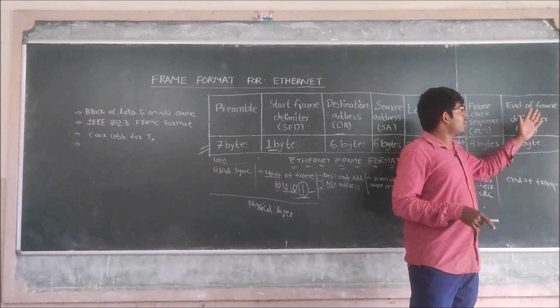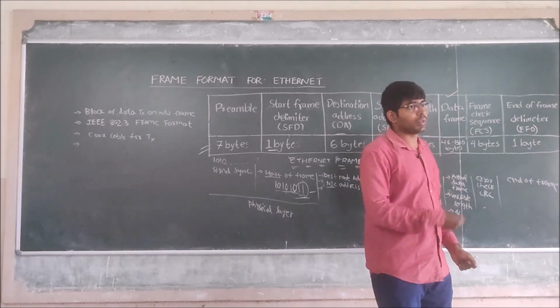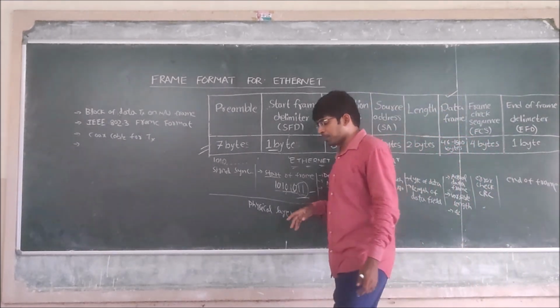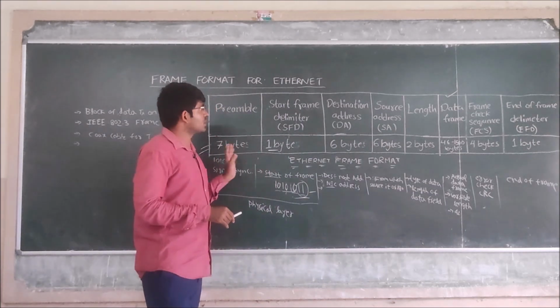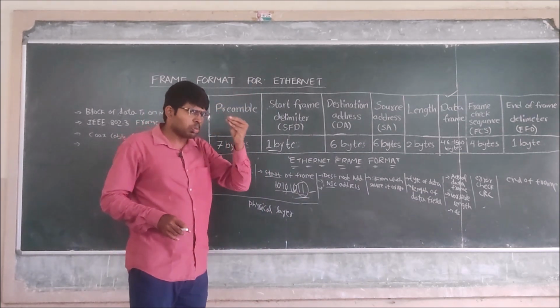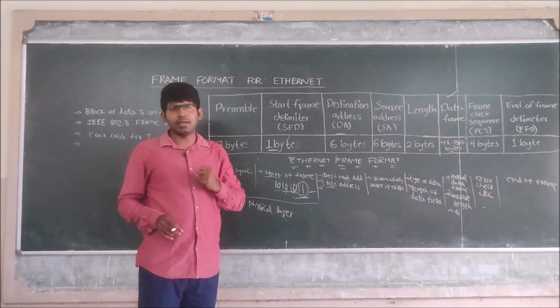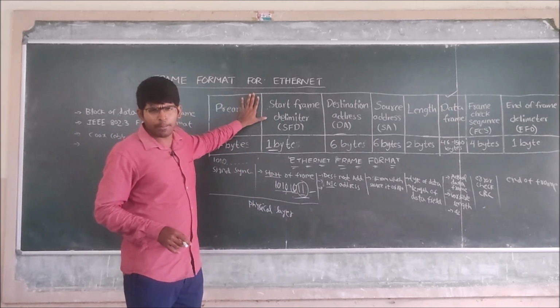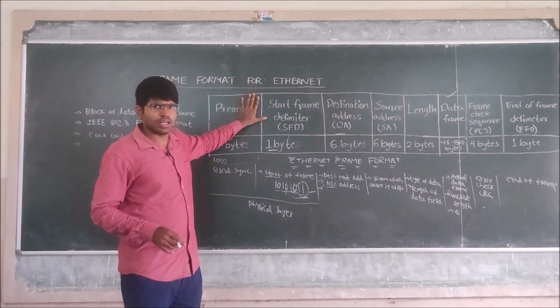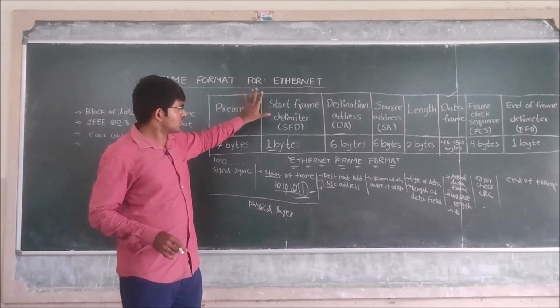And finally, it indicates the end of the frame. The frame has ended, and again you can send the next frame. Here we have discussed the frame format. It is very simple to understand. First, we give the preamble, 56 bits of data, 7 bytes, alternating ones and zeros.